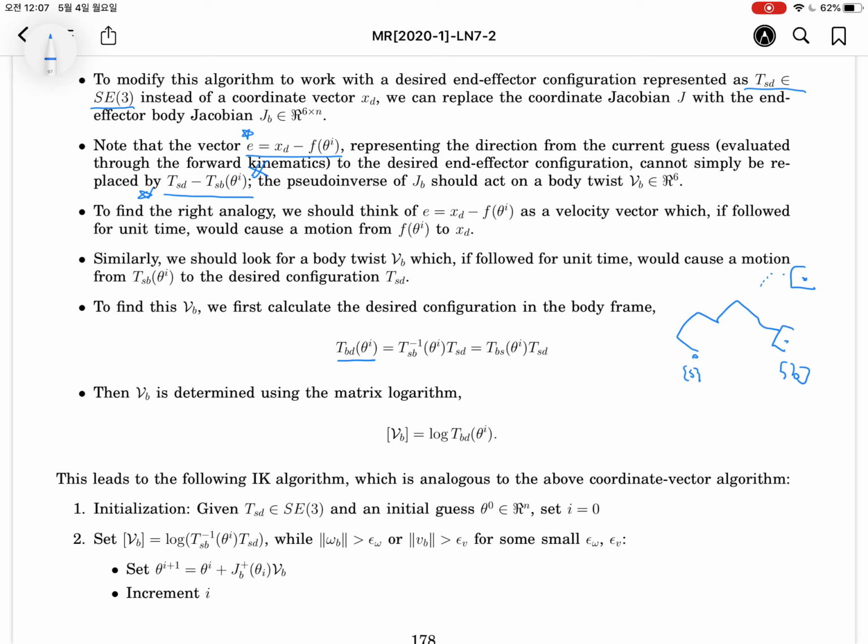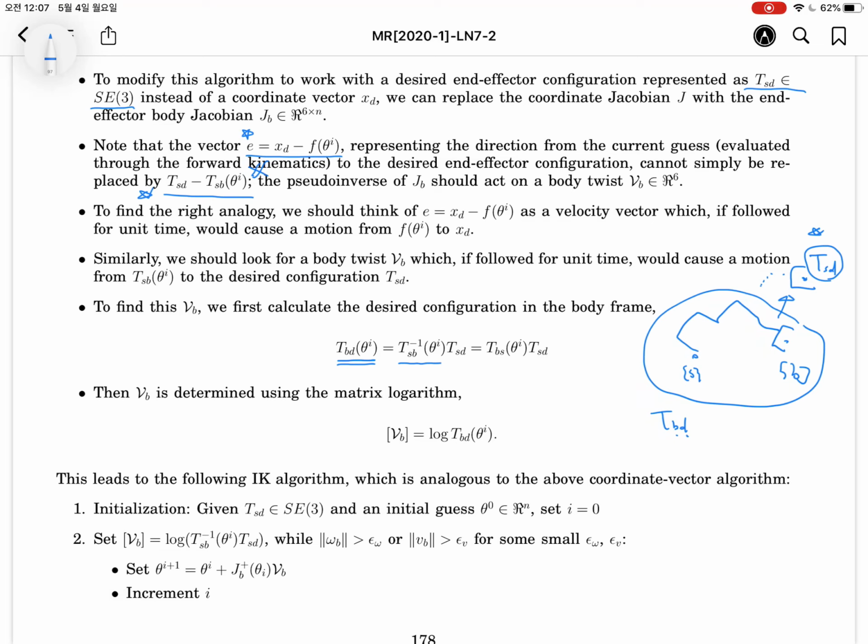Here, this posture is the final target. Let's assume that this is the final target, T_SD. I will assign the T_SD. This configuration should be moved to here. Okay? At that time, we will write down the T_BD, body to the desired.